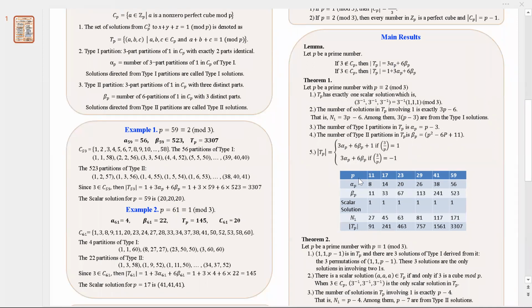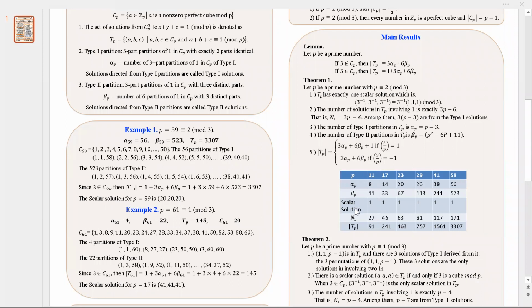For alpha P, I developed an equation where alpha P can be explained as P minus 3. So if we have 11, for example, 11 minus 3 is 8. If we have 59, 59 minus 3 is 56.